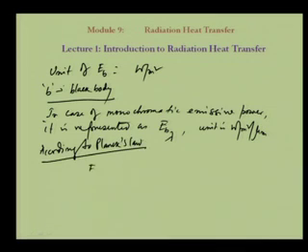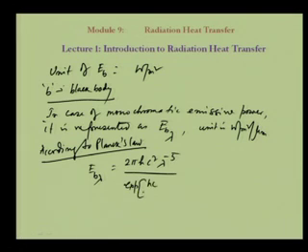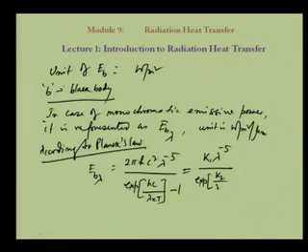Now, EB lambda, this monochromatic emissive power, is twice pi h c square lambda to the power minus 5 by exponential h c by lambda kT minus 1. Okay. And this also can be written in a different way, K1 lambda to the power minus 5 by exponential K2 by lambda T minus 1.